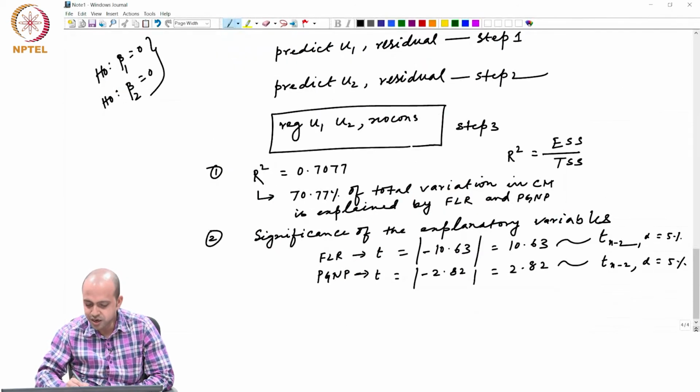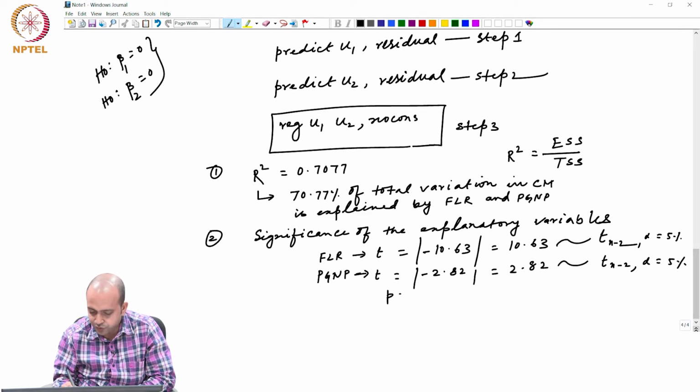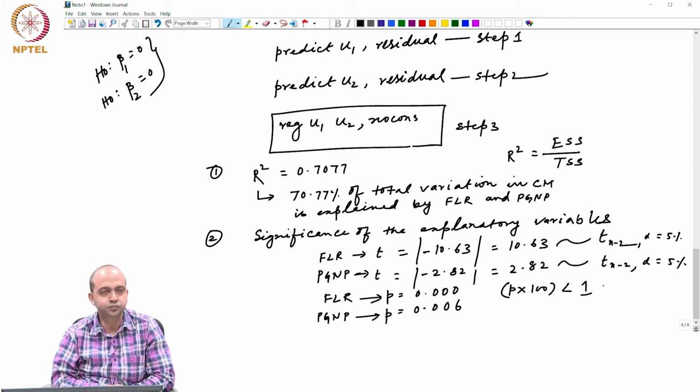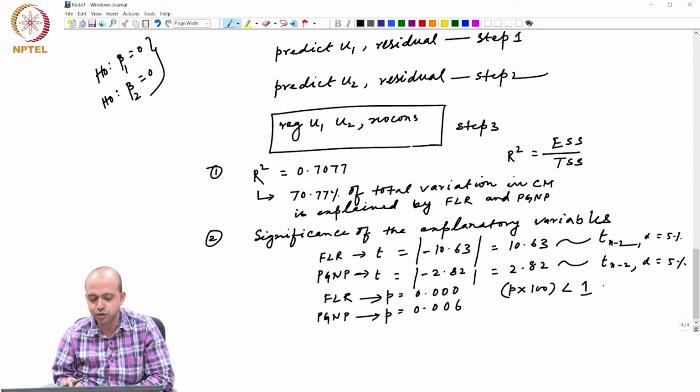So, that means p equals 0.000 for Pgnp and p equals 0.006 for FLR. We have to multiply p with 100, and in both of these cases this is less than 1. This is 0.0, this is 0.6, both are less than 1.